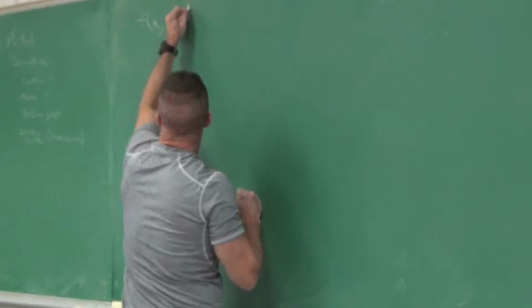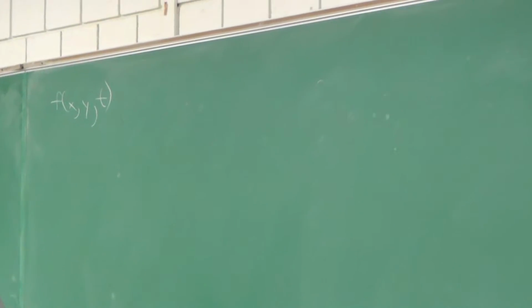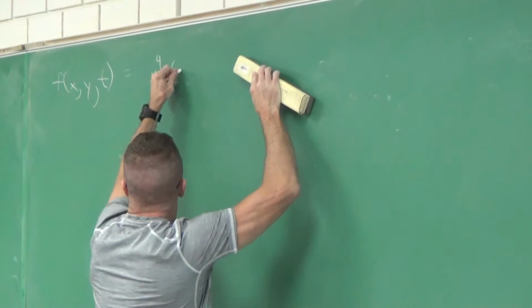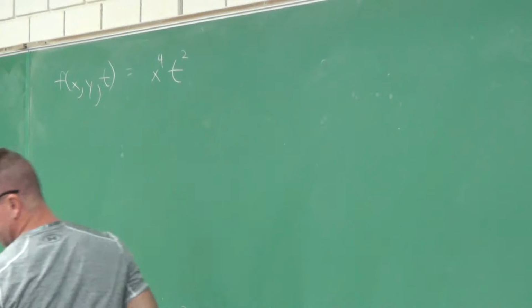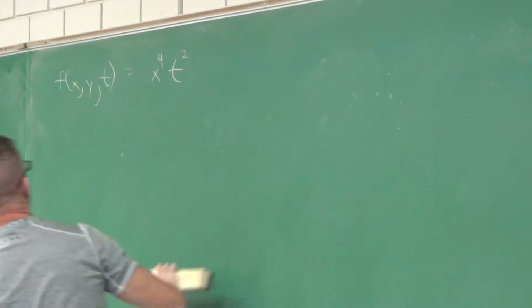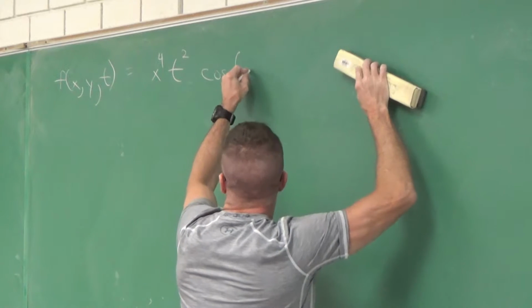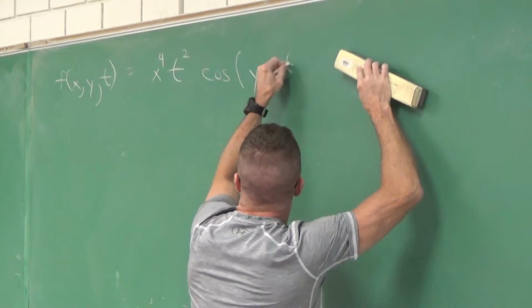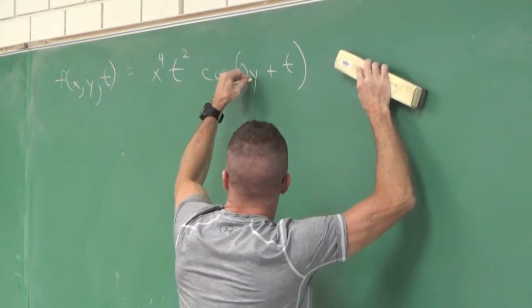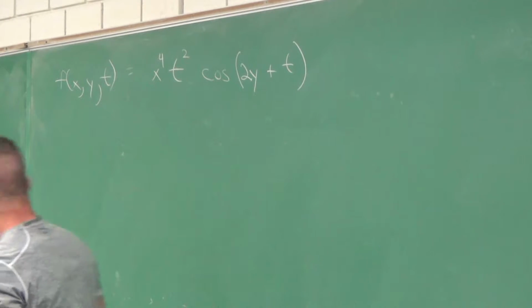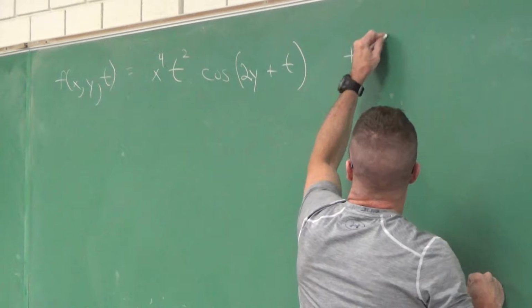Well, I can put a t. X to the fourth t squared cosine, we'll put a 2 there. 2y plus t plus 5y.